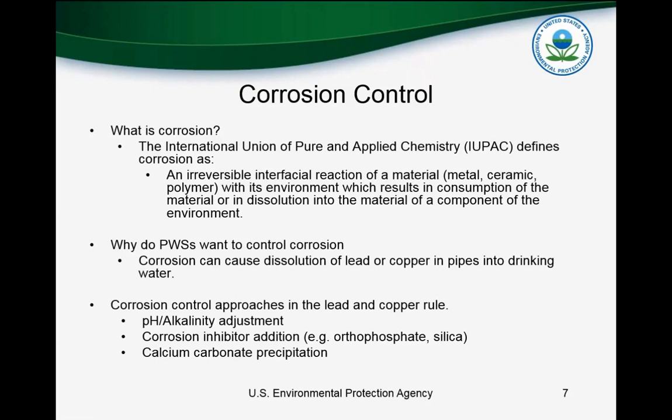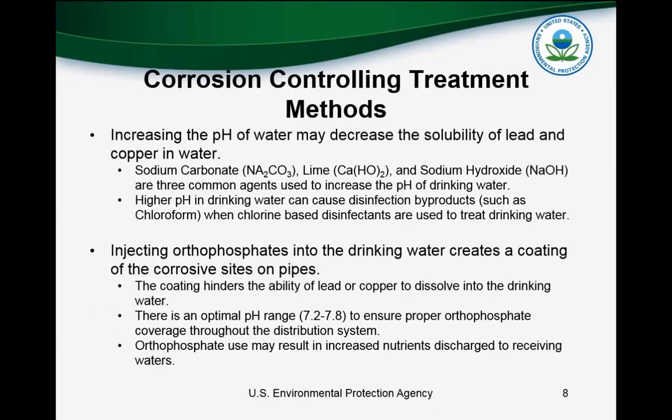And there are 3 specific approaches laid out in the Lead and Copper Rule. One is pH or alkalinity adjustment. One is a corrosion inhibitor addition, such as orthophosphate or silica. And one is calcium carbonate precipitation. So looking at those three scenarios, increasing the pH of water may decrease the solubility of lead and copper in water.